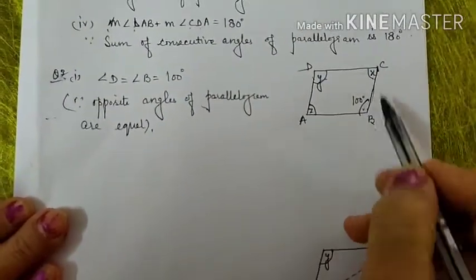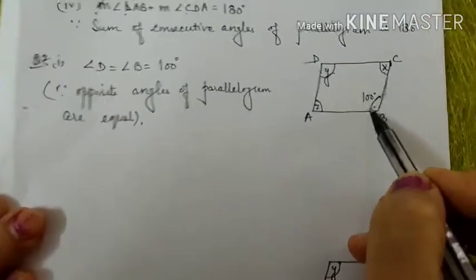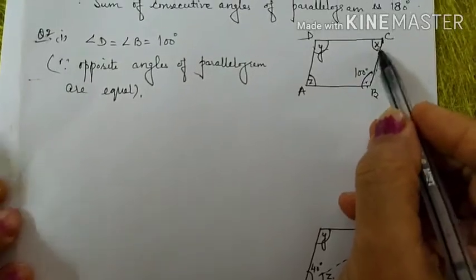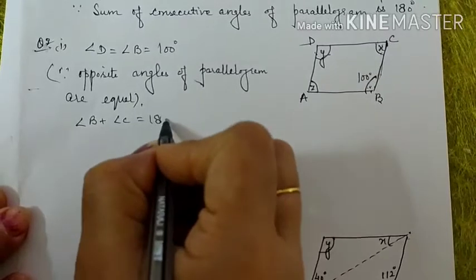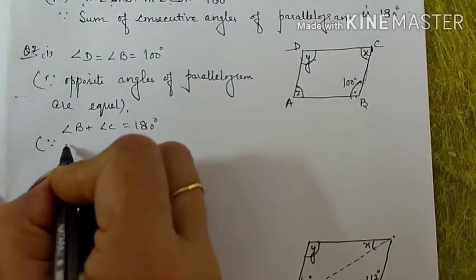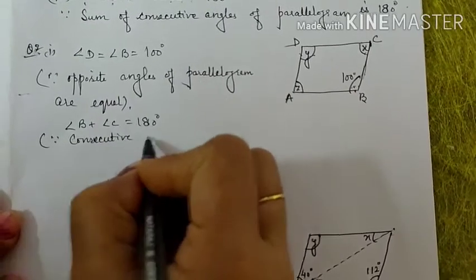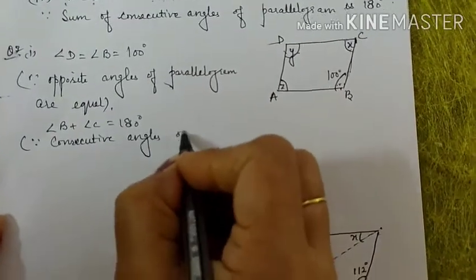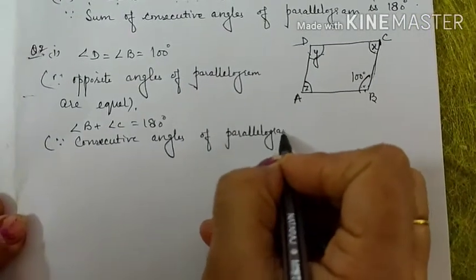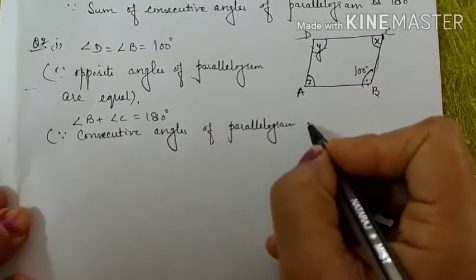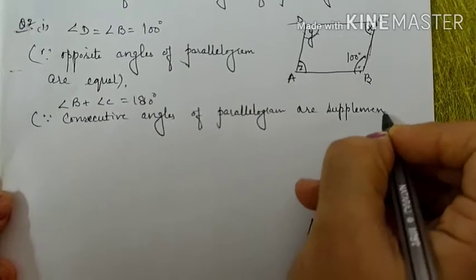Now these two angles B and C are consecutive angles. Therefore the sum of these two angles will be 180 degrees. So angle B plus angle C is equal to 180 degrees, because consecutive angles of a parallelogram, or you can say adjacent angles, are supplementary.